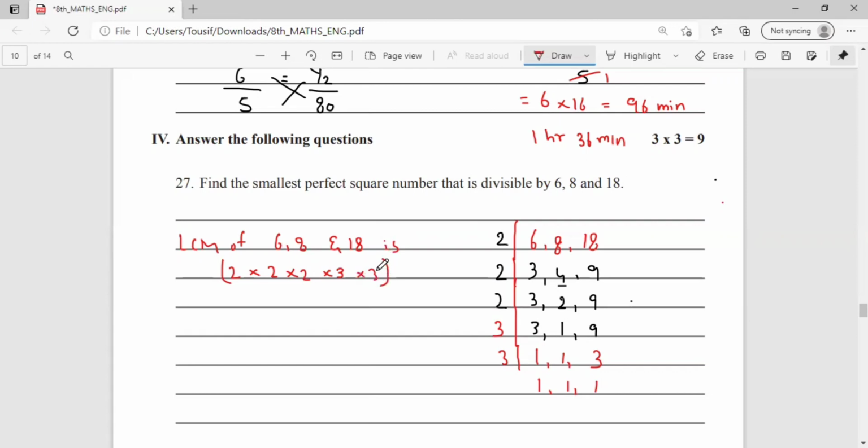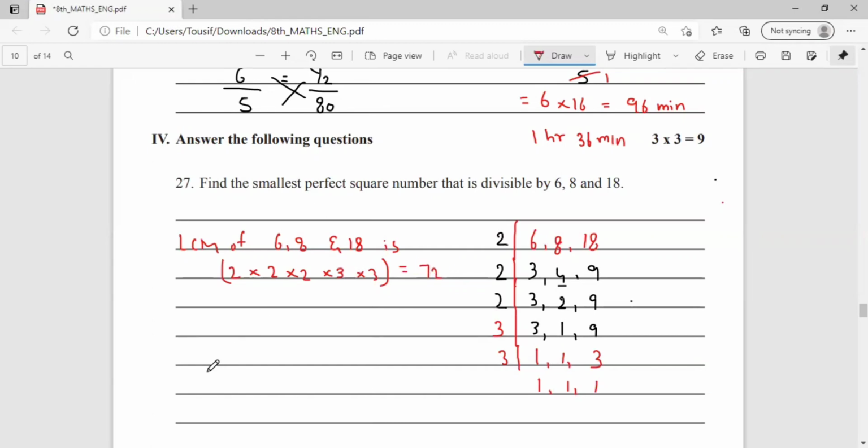Just multiply all these values. 2 4s are 8, 8 3s are 24, 24 3s are 72. Now that is our LCM, 72.